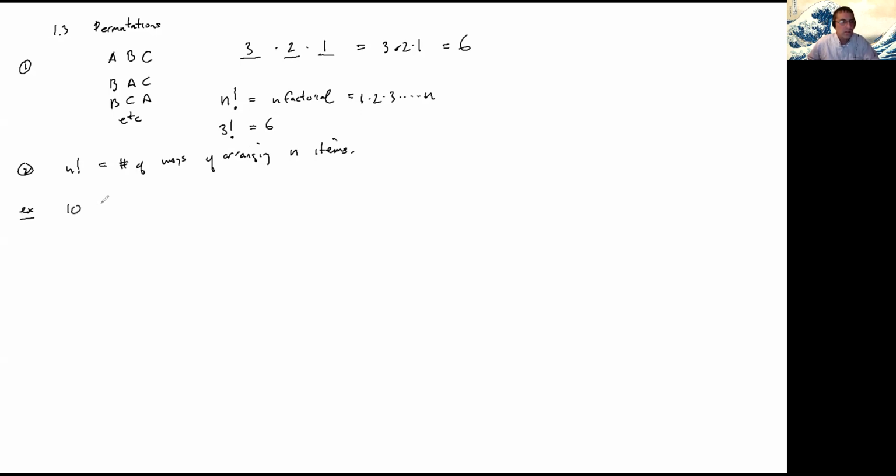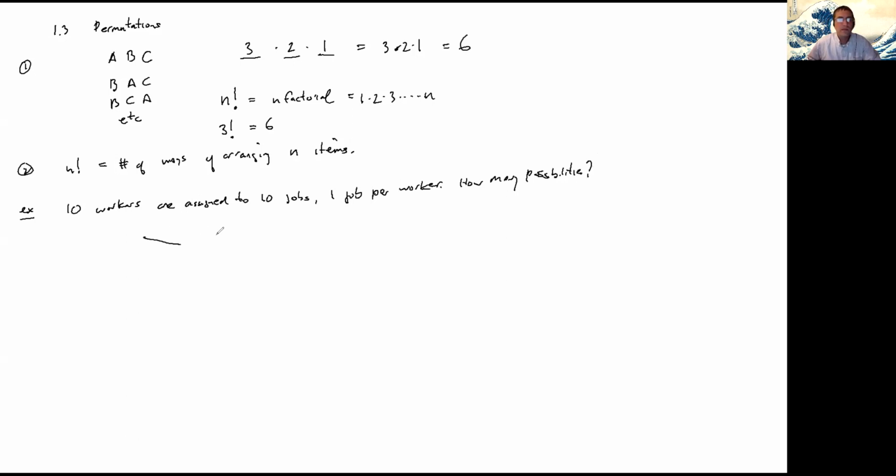10 workers are assigned to 10 different jobs, one job per worker. How many possibilities? How many arrangements are there?